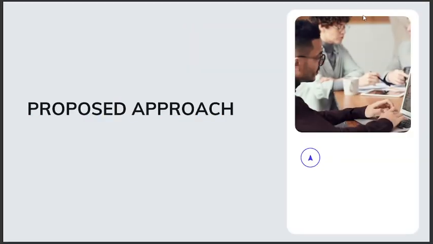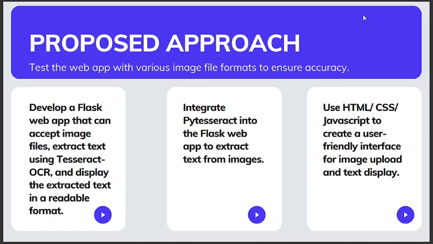Okay, so our proposed approach for this project. We test the web app with various image file formats to ensure accuracy, and we need to develop a web app that can accept image files, extract the text using Tesseract OCR, and display the extracted text in a readable format.